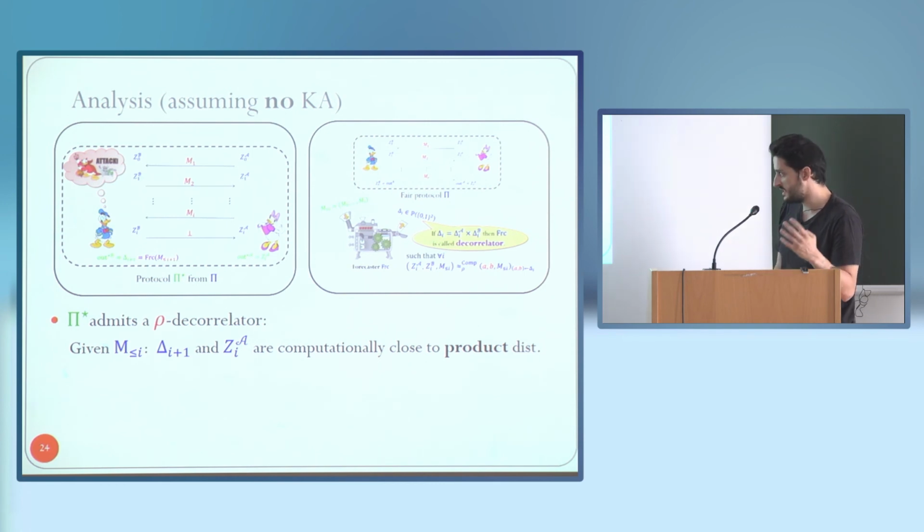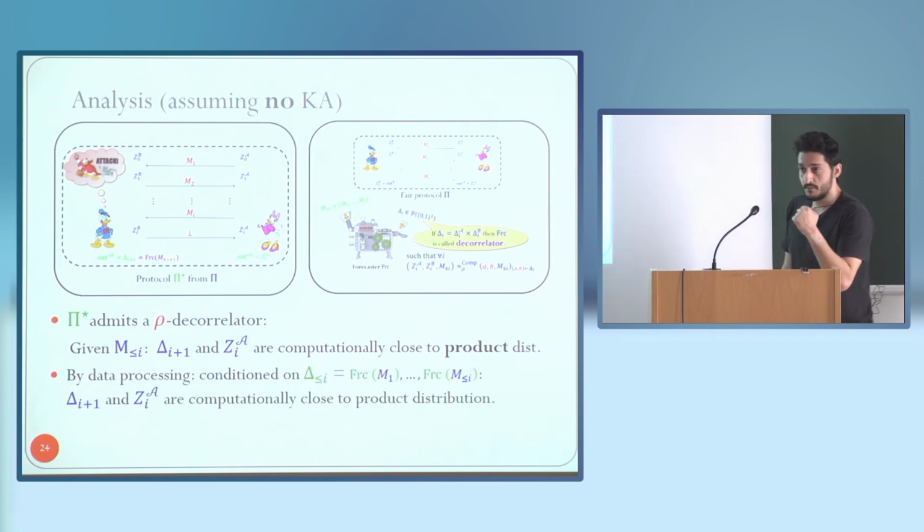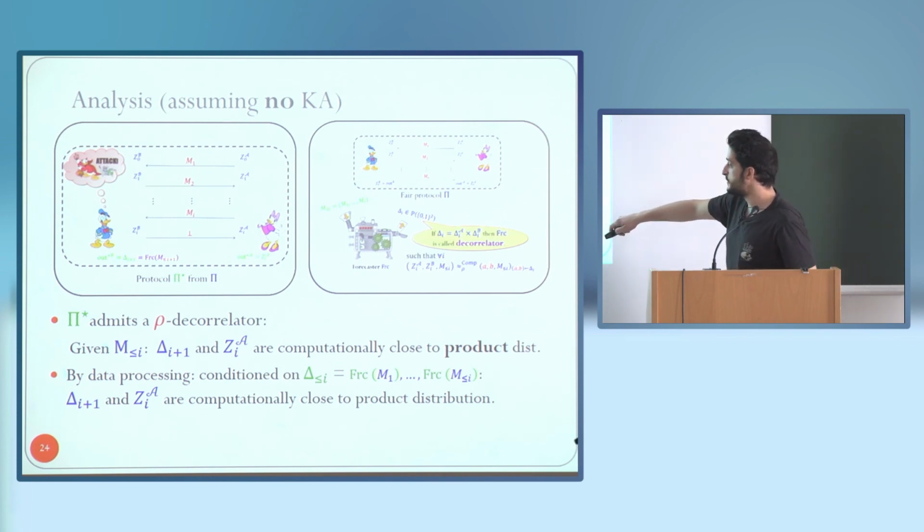The decorrelator breaks the dependence of the outputs, computationally. Using a data processing argument, conditioned on the delta i, so we're applying the function to the transcript, the outputs are still computationally close to a product distribution. But now everything here has very small support.